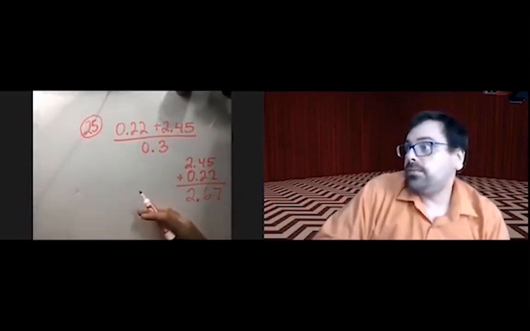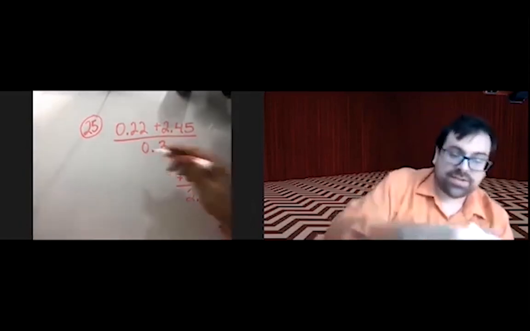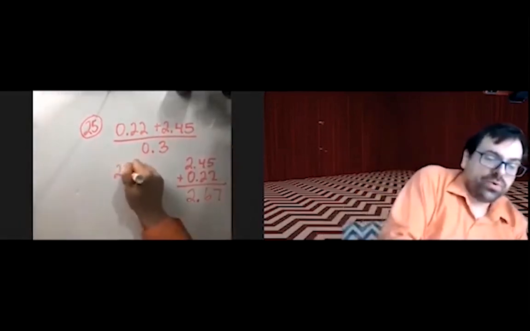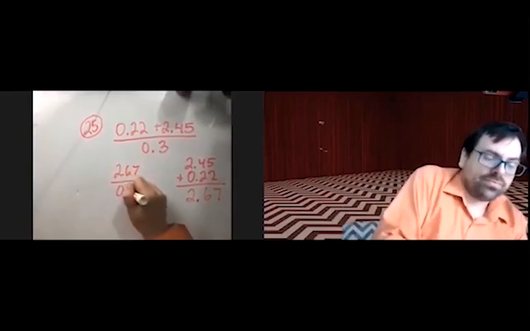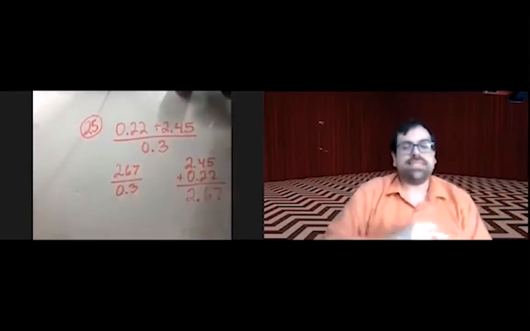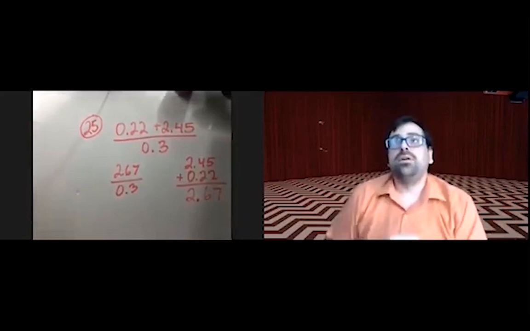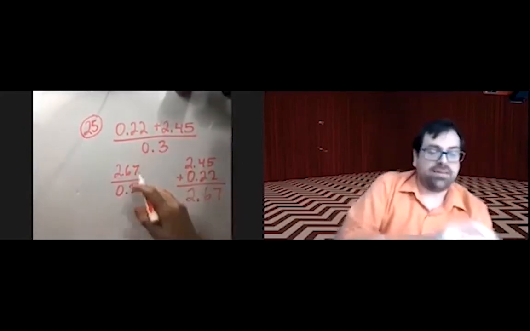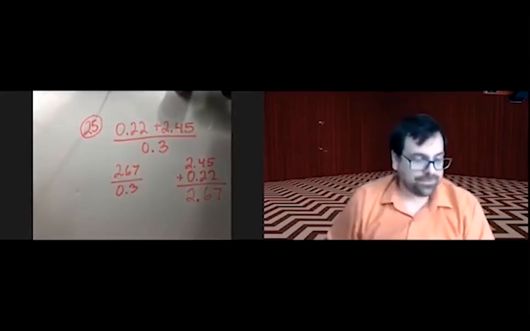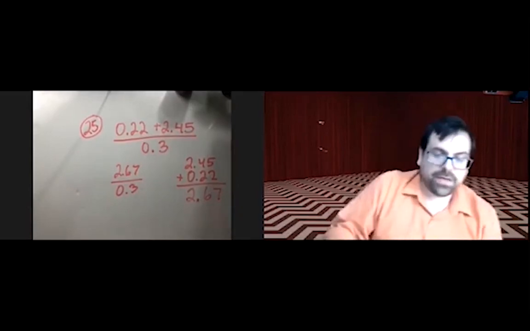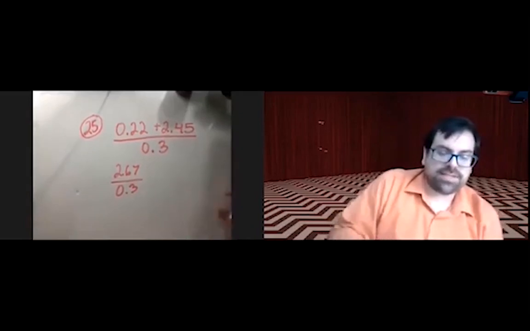We're not done though. We have to divide that 2.67 by 0.3. We simplified the top. Now we have number divided by number and we have to do it. So, a couple ways to think of this.